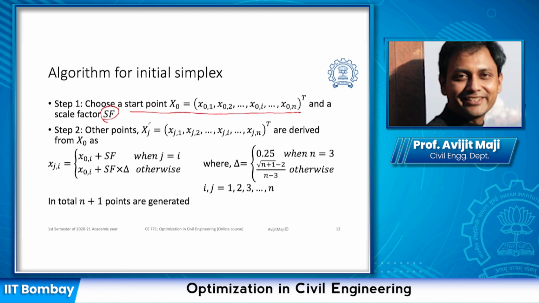So these other vertices are represented as xj, and when we calculate the location of these other vertices with the help of the variables, the new variable is going to be the value of the variable of the start point, which is here, and added to that is the scale factor, SF, or the scale factor multiplied with a sufficiently small delta.